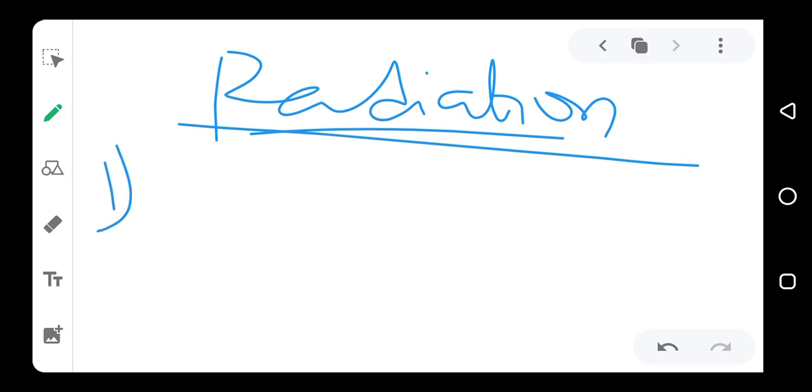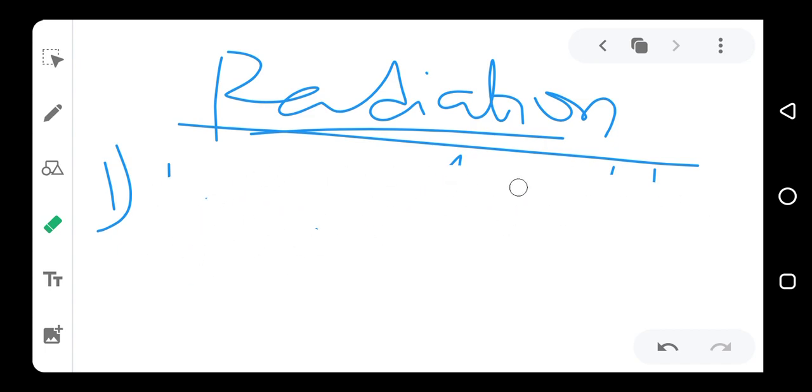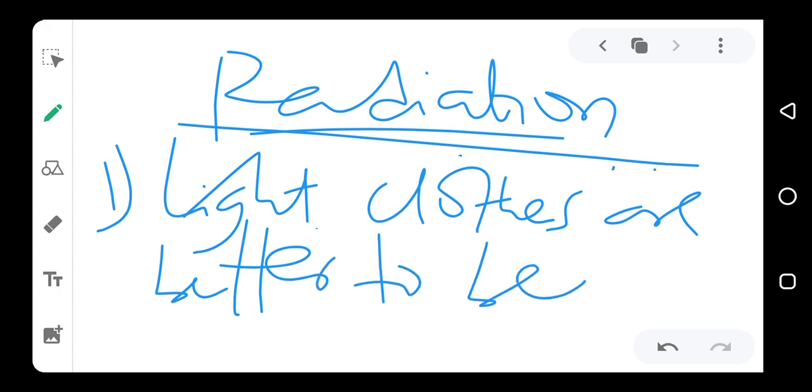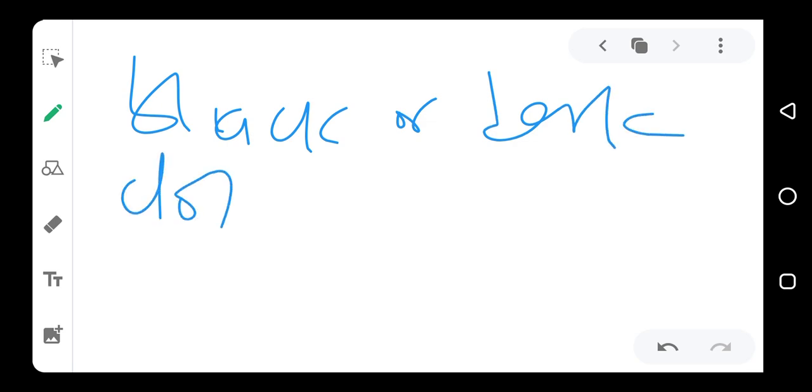Number 1, we say that light clothes are better to wear in hot weather than black or dark clothes.